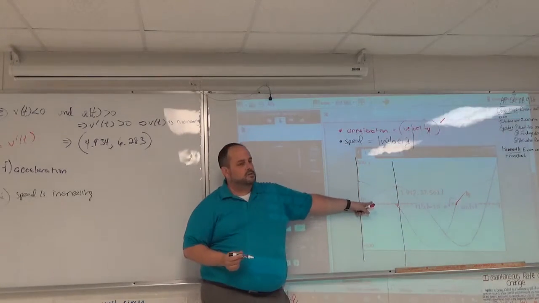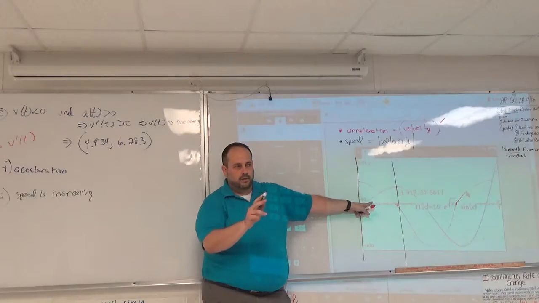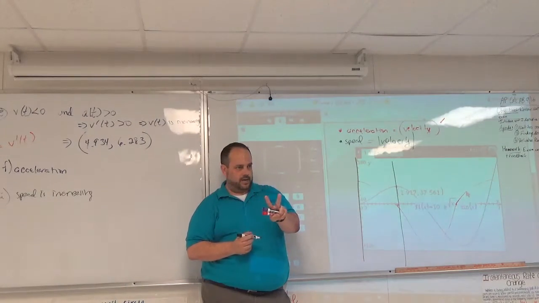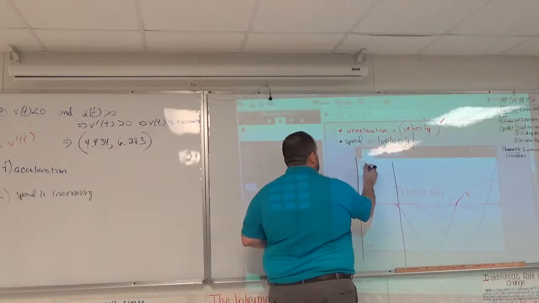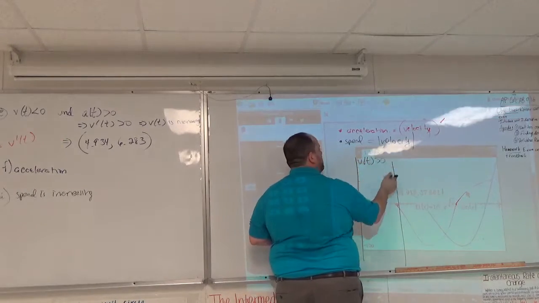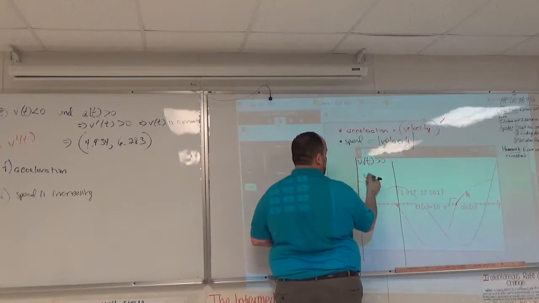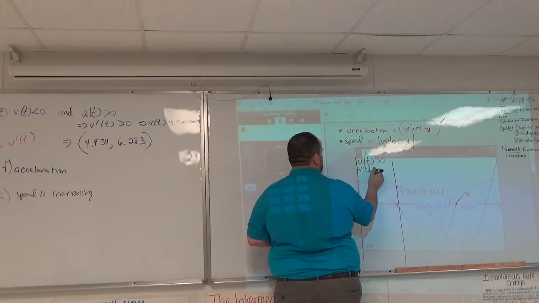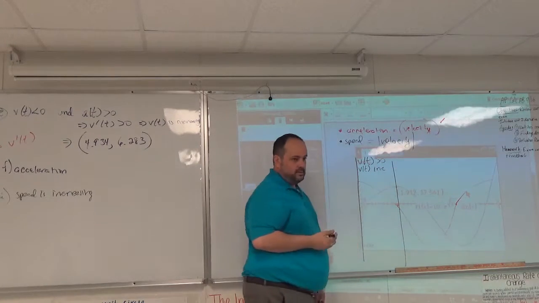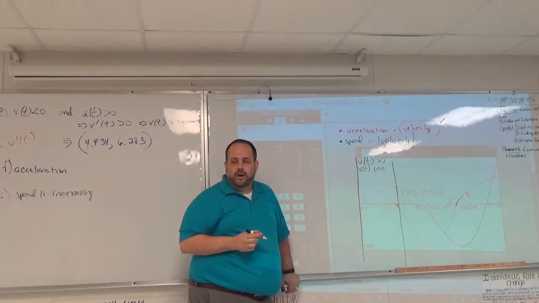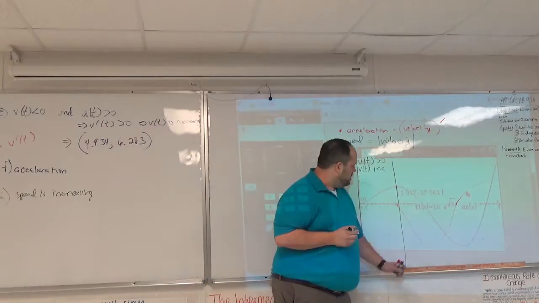What's the velocity function doing on this interval? There's two things that are happening here. The velocity is positive, and the other thing? Velocity is increasing.